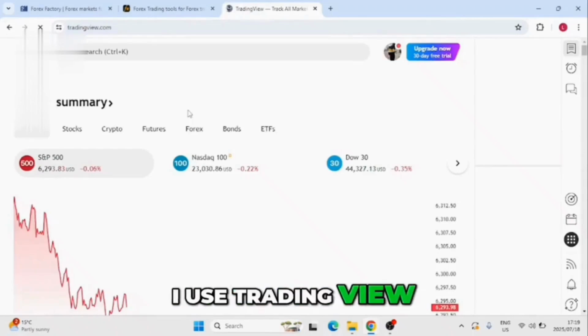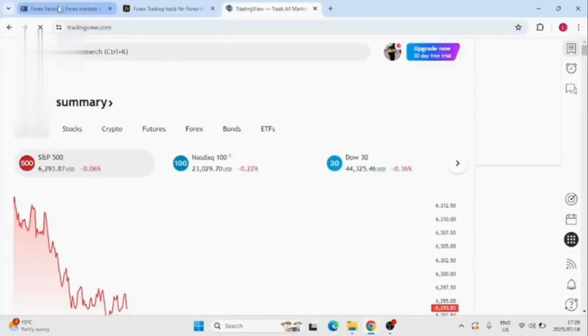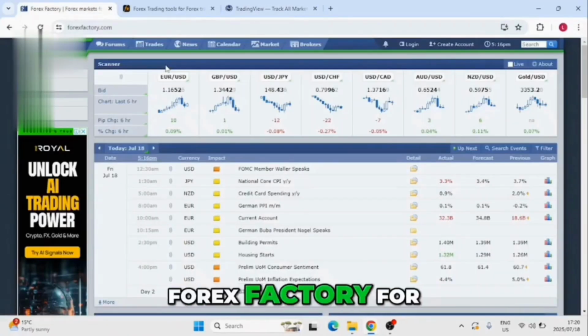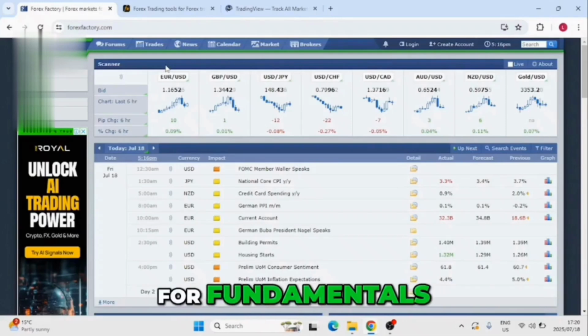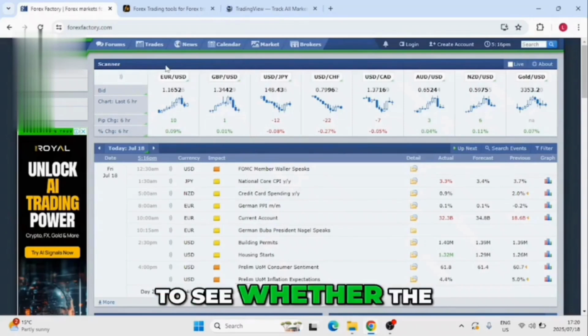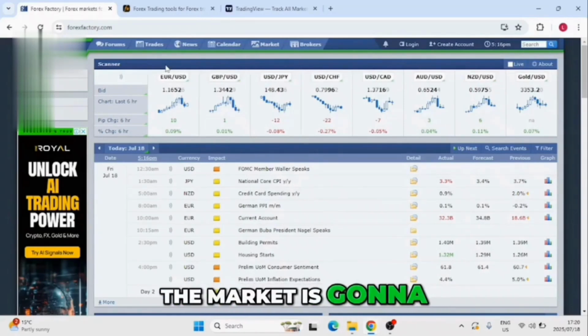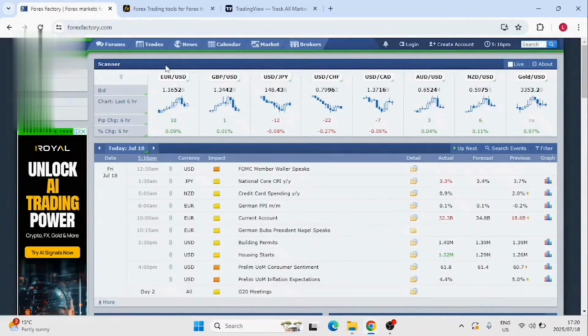I use TradingView to analyze, and then I use Forex Factory. Now, what do I use Forex Factory for? I use Forex Factory for fundamentals, like finding weakness to see whether the market is gonna do something crazy.